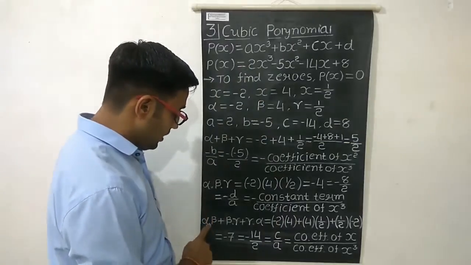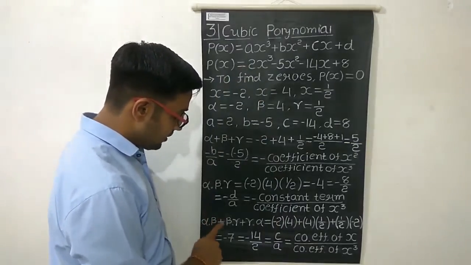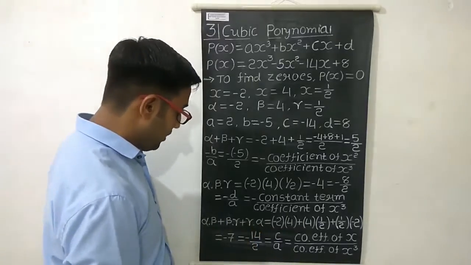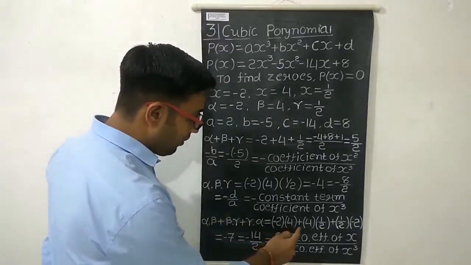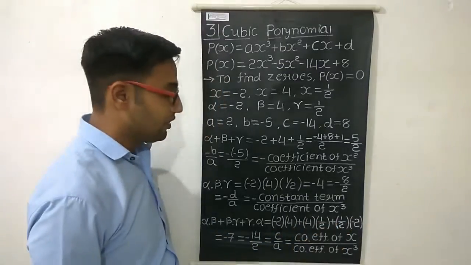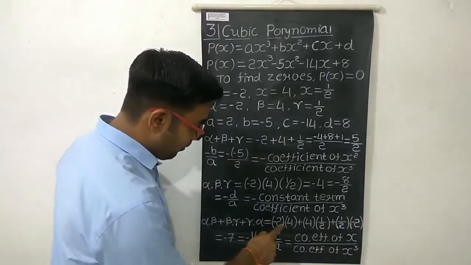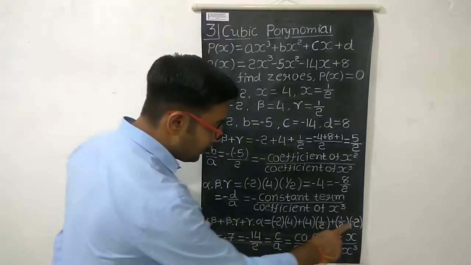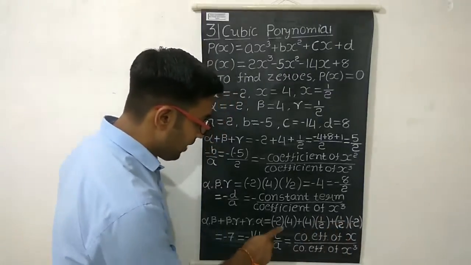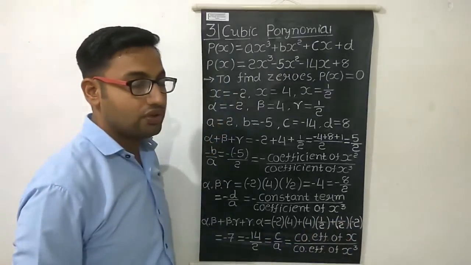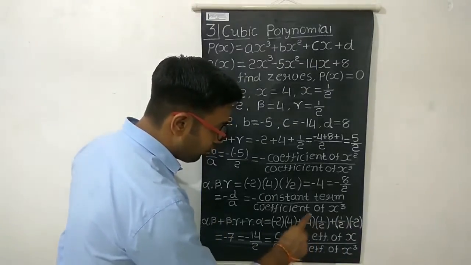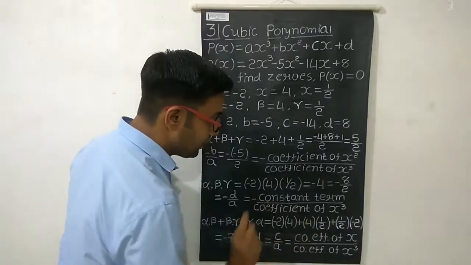The third relation is alpha into beta plus beta into gamma plus gamma into alpha. Here we get minus 2 into 4 plus 4 into 1 upon 2 plus 1 by 2 into minus 2. What we get is minus 8, then the 2 and 2 cancel out and minus 1 remains. So minus 8 minus 1 is minus 9, and in 2 into 4 over 2 we can cut down, so plus 2 remains.